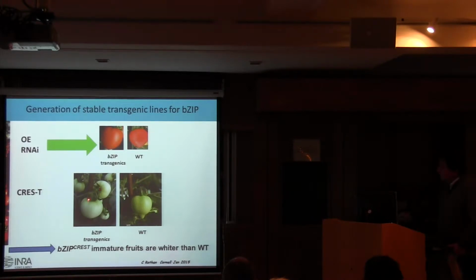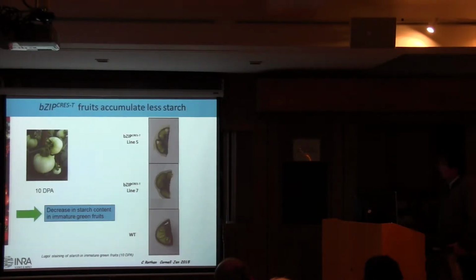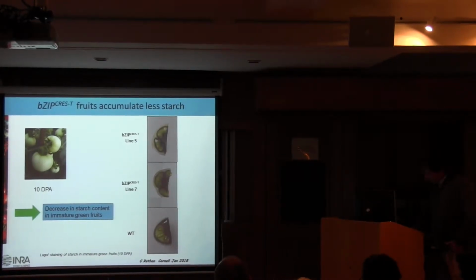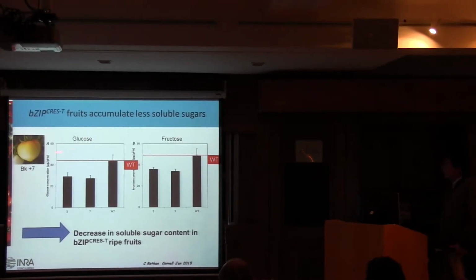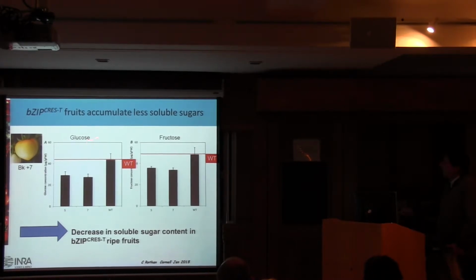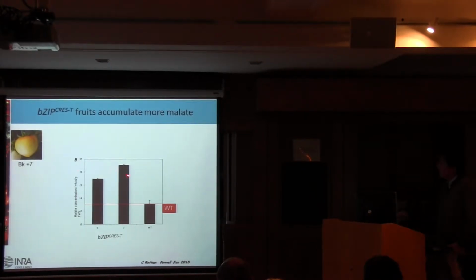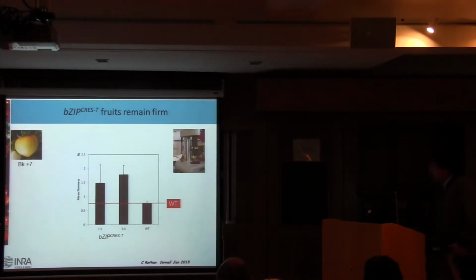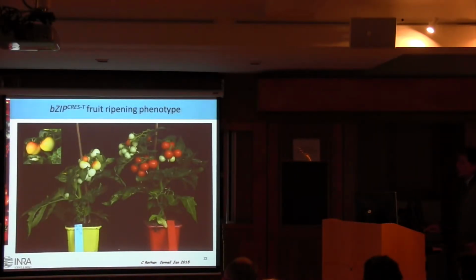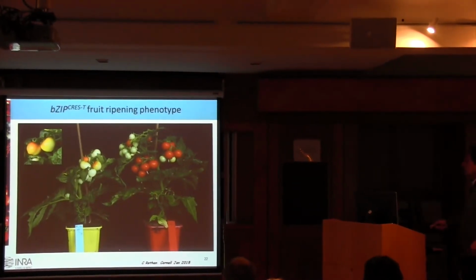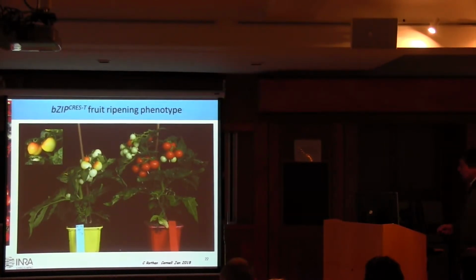And what we have is that these fruits are whiter and accumulate much less starch than the wild type fruit, which may result in reduced accumulation of glucose and fructose later during ripening, more malate, and increased firmness, which can be related to an effect on fruit ripening, because we saw that the different transgenic lines had a strong effect on fruit ripening.